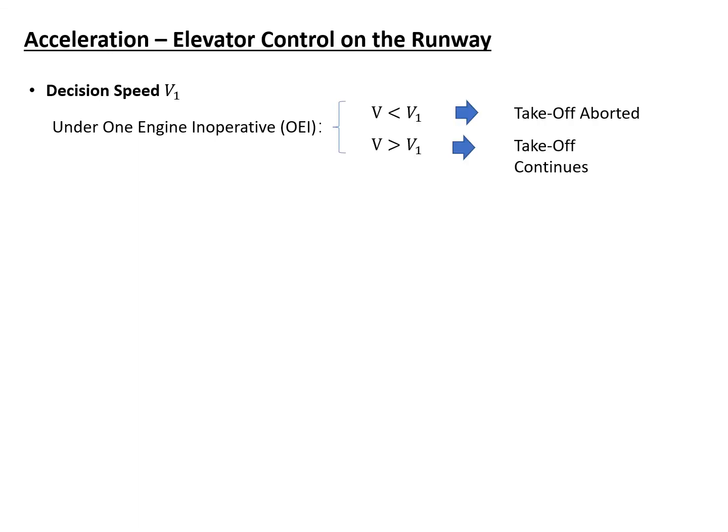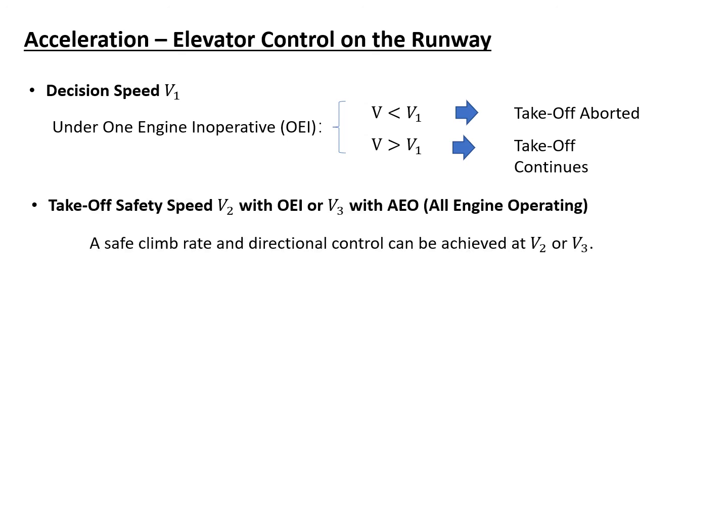If the aircraft speed is less than V1, the takeoff should be aborted. But if it's larger than V1, because the airspeed is great enough to allow direction control by the rudder, the aircraft can still take off. So the takeoff continues, and the pilot will find a solution once it's airborne.